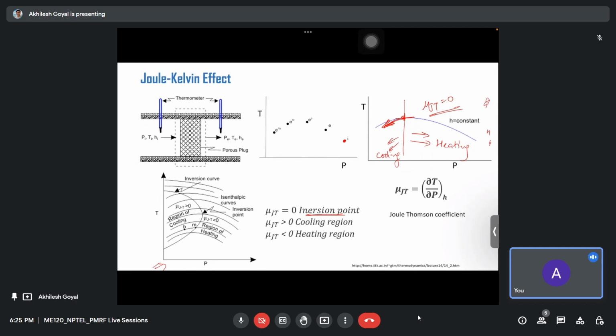Okay, so this is all about the vapor compression cycle as well as the Joule Kelvin effect, which results in the cooling of the refrigerant when we drop the pressure in the capillary or expansion valve. Now the second type of refrigeration cycle is the vapor absorption cycle. So let's look at that also.